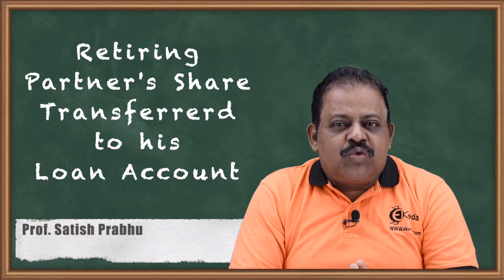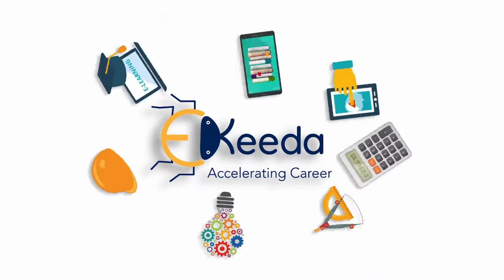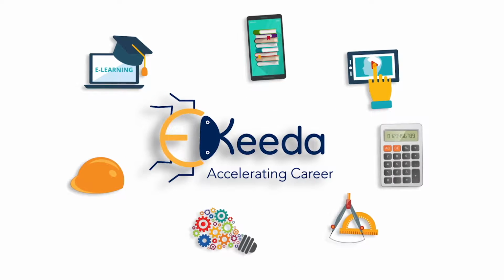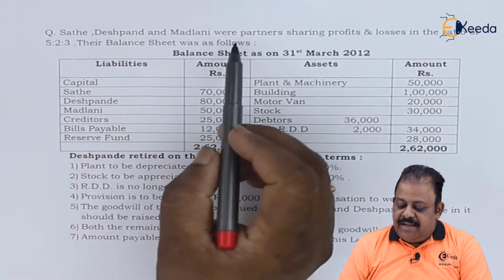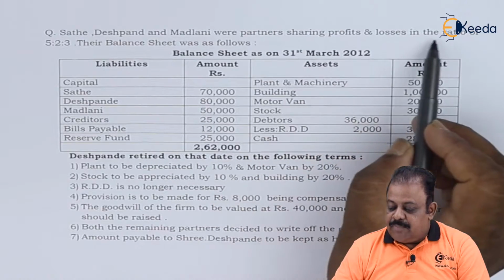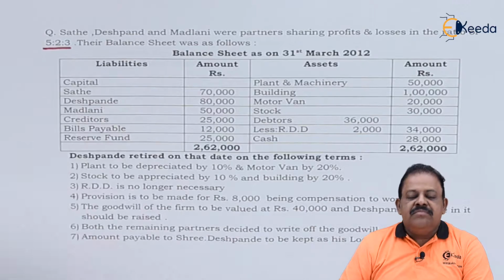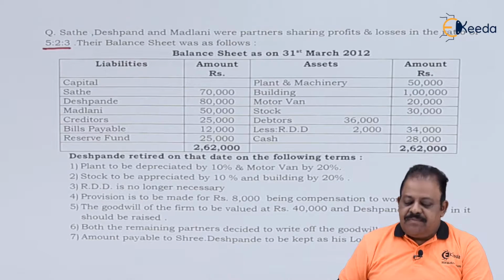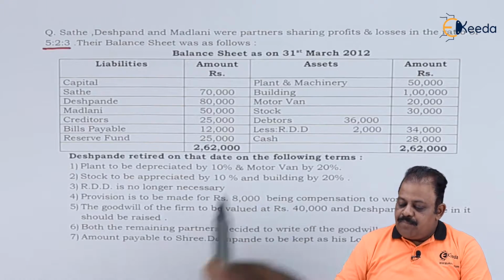Let us discuss one such question now. Sathe, Deshpande and Madlani were partners sharing profits and losses in the ratio of 5:2:3. Their balance sheet was as follows.